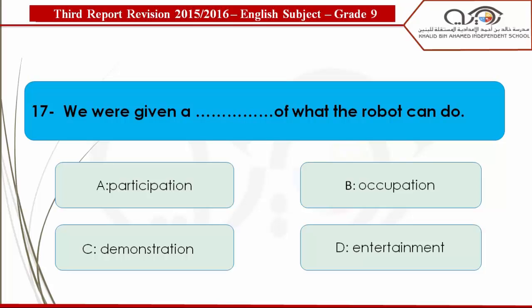We are given a participation, occupation, demonstration, or entertainment. We were given a demonstration of what the robots can do, so the right answer is C, demonstration. Demonstration means to tell you what? How things are done, or done by robots. How to do things. So explaining things, yeah.